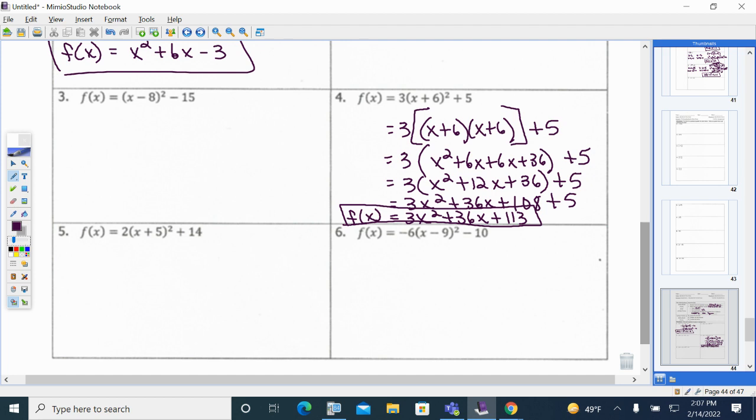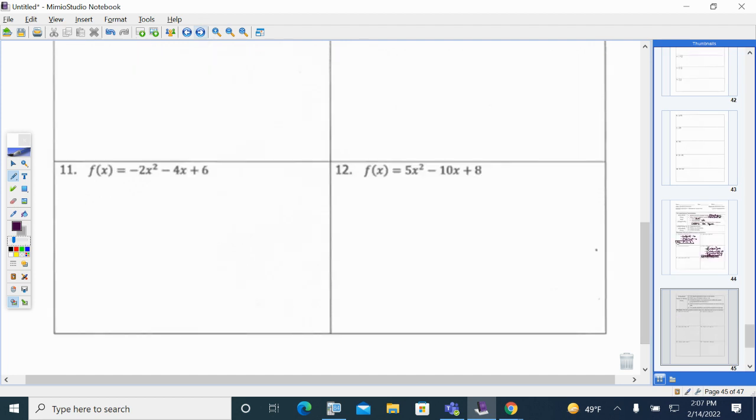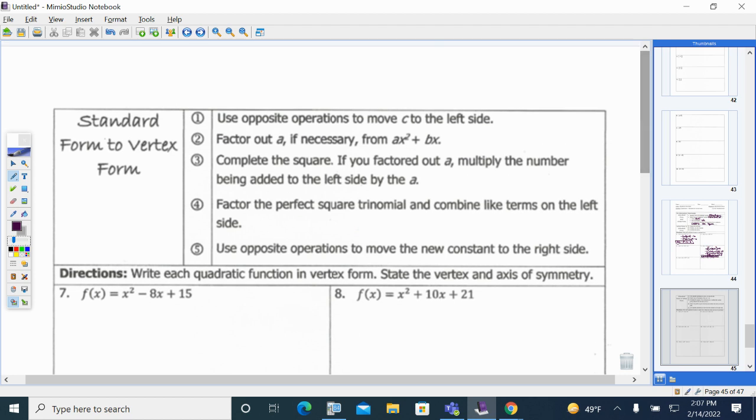Let's jump over to standard form to vertex form. This is going to be very similar to completing the square. Number 1 says to use opposite operations to move c to the left side. Number 2, factor out a if necessary from the ax squared plus bx.